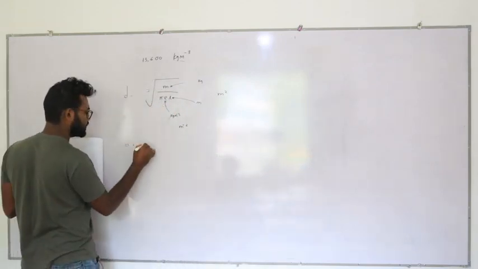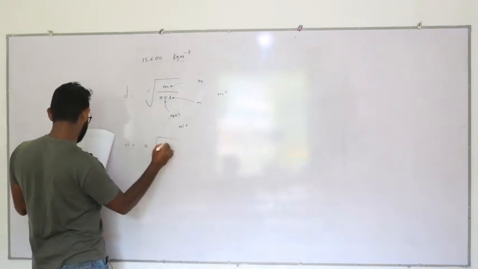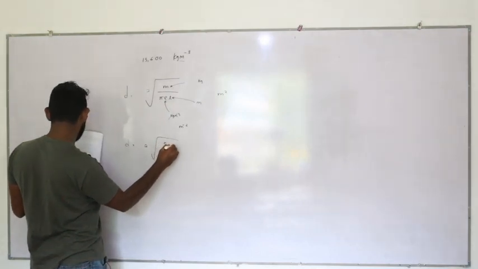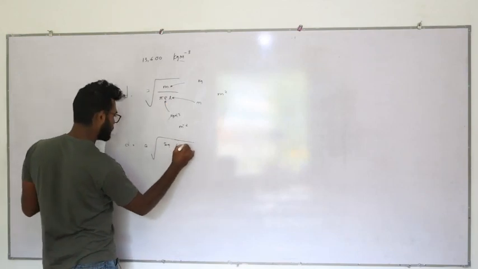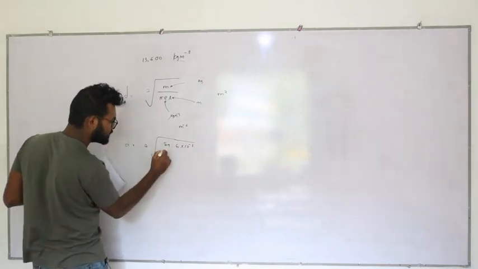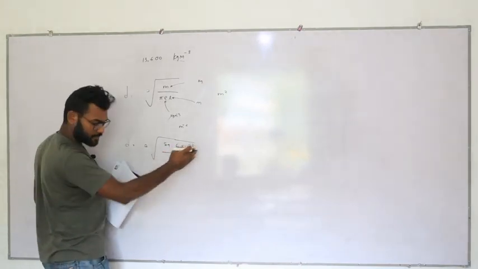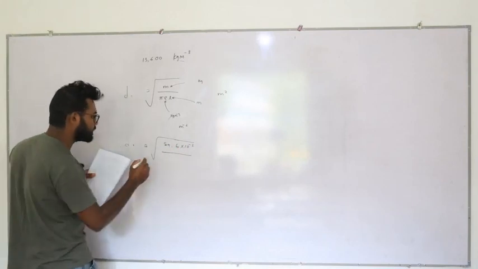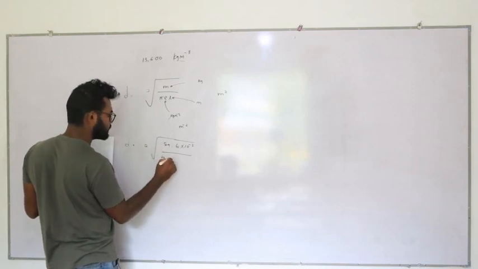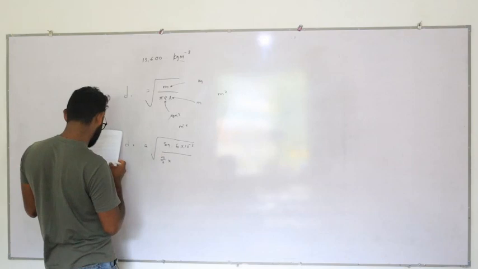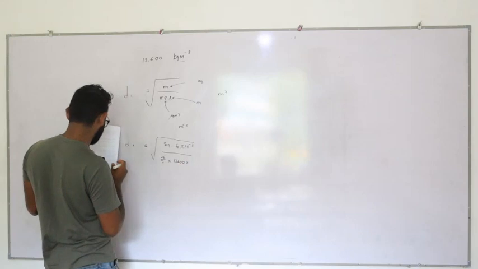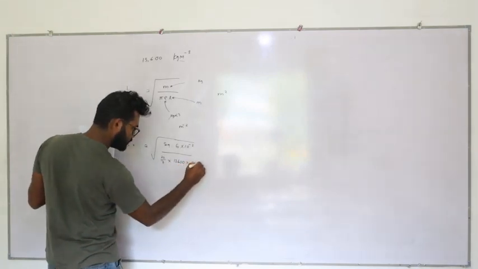So if you do the substitution, it will be like this. D is equal to 2 root, M is given to be 89.6 grams, which means 10 to the power -3 in kilograms. Dividing by 1000, I can indicate it like 10 to the power -3. Are you okay with that? Okay. Then we have pi to be 22/7, or you can substitute 3.14, into 13,600, into 8.25, that is in centimeters.